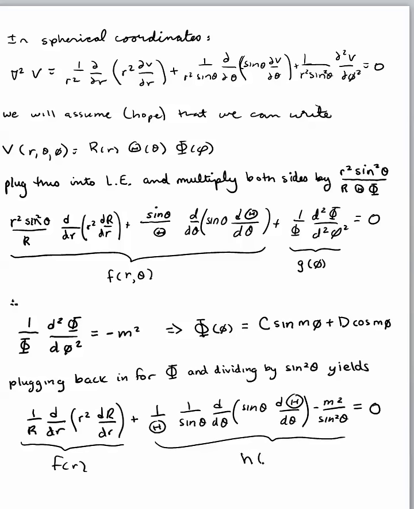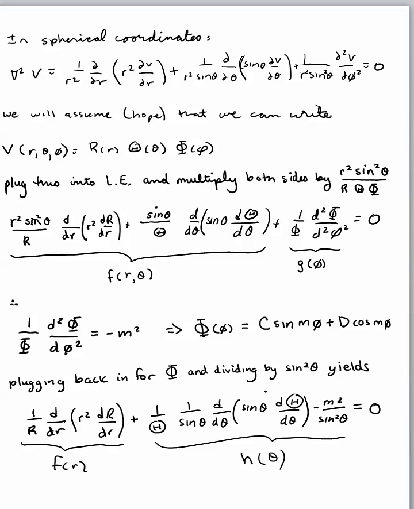Yes, there is a hidden functional dependence upon phi, but it's now, if you will, hidden inside this little m, where m is itself a constant. And so now I have separated the variables, but I had to separate the variables in a step-by-step fashion.